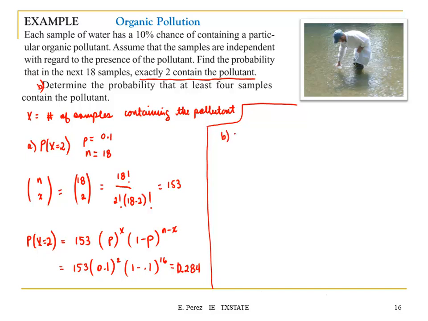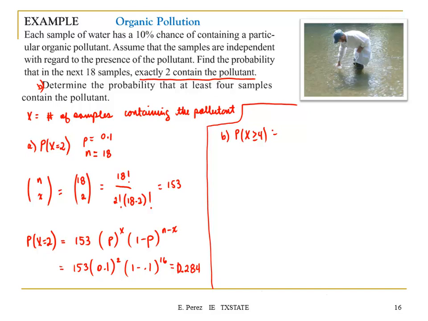So B is the probability that at least 4, so this is the probability of X being greater than or equal to 4. Now the question is, how do you compute that probability? You have 18 samples, so you have to go from 4 to 18 and add those probabilities.